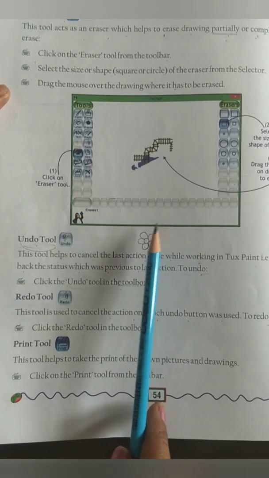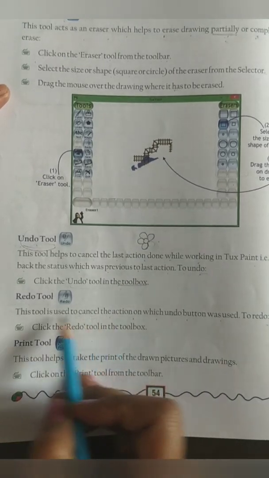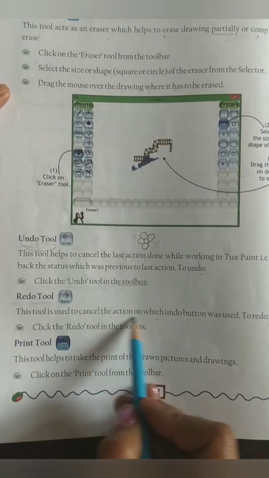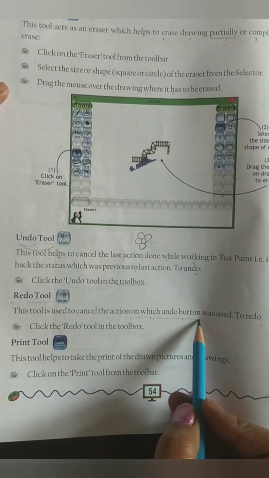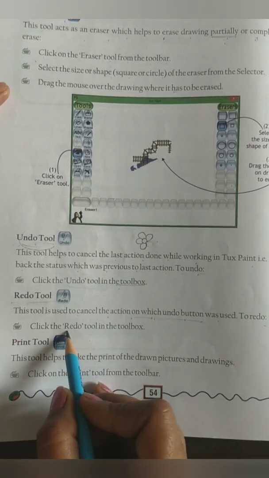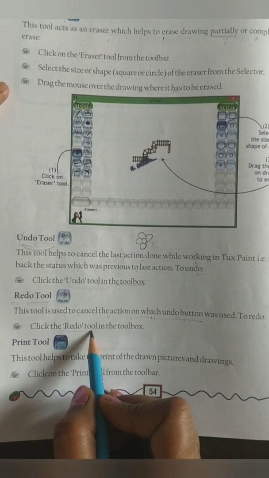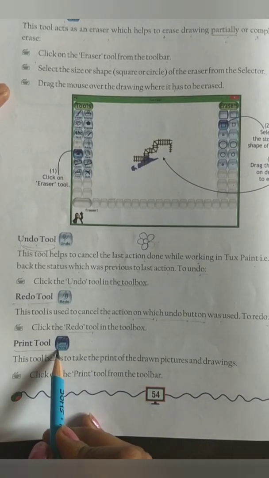So this petal is removed from here. So this is the use of redo. To do it, you simply have to click on the redo tool and there is no selector for this.